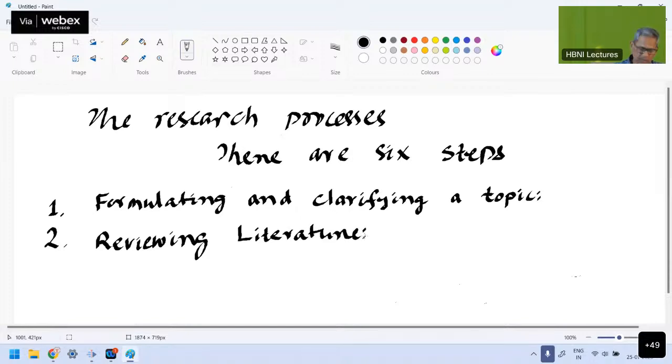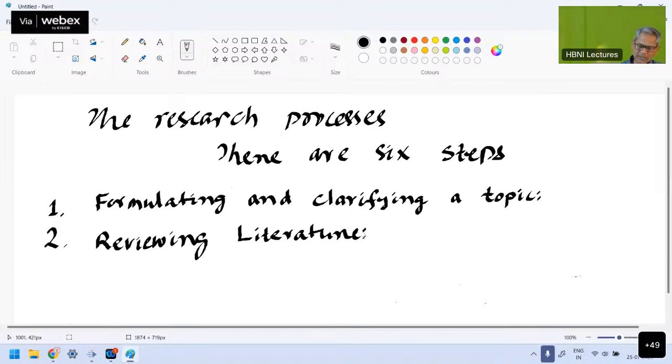This is one of the very important steps in the research process. You have to review literature. You have to see and identify what has already been done and not done. Find whether your topic has a significant gap in knowledge, because when you do research, you have to add knowledge.